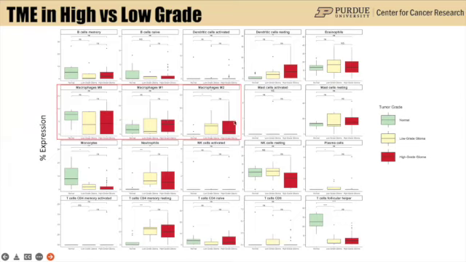And then for the M2 macrophages, which could be thought of as pro-tumorigenic, you see that there aren't significant differences between low and high grade gliomas, but there is a significant difference between both high grade and normal and low grade and normal.